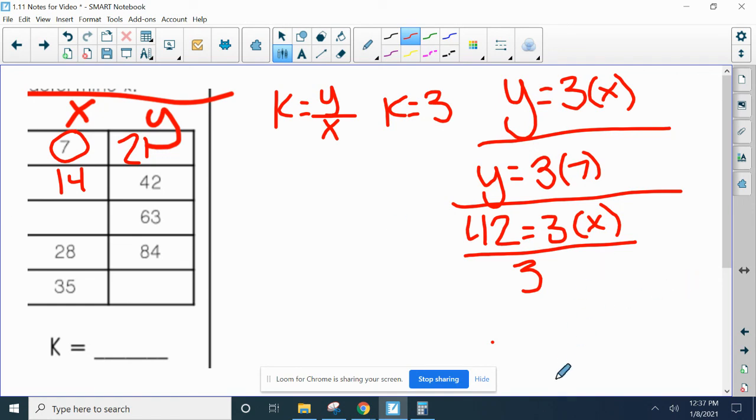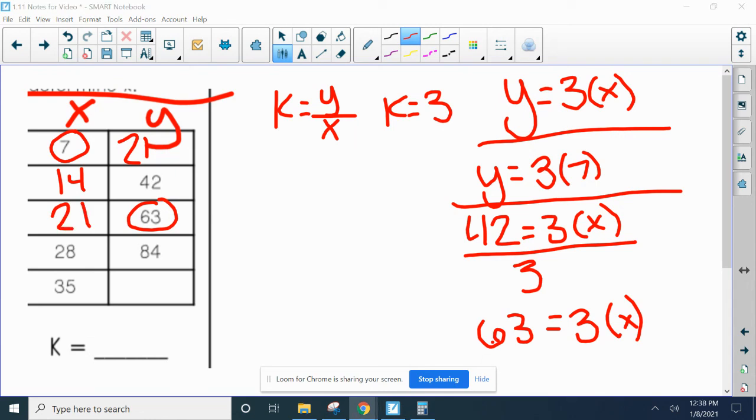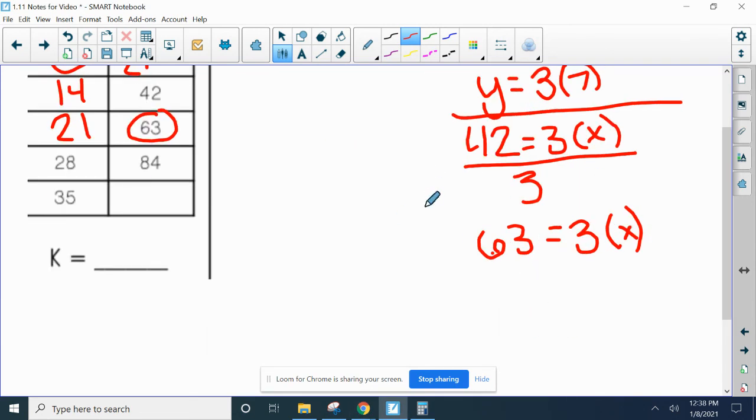All right, so same thing here. We have a y value of 63. So y equals our constant times x. So again, we're going to divide our y value by 3. 3 goes into 6 twice. 3 goes into 3 once. So 63 divided by 3, and our x is 21.